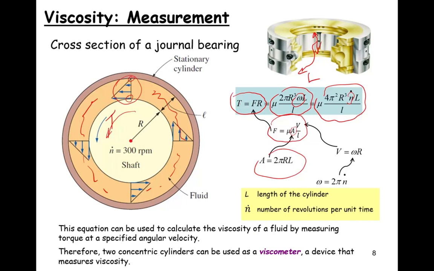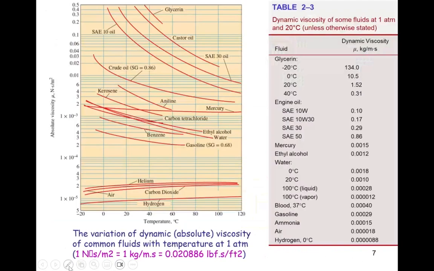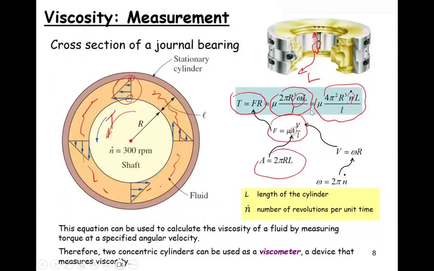Okay, now that you have torque, imagine you measure the torque in here, and you have all the other physical parameters, the number of rotations, and what is unknown here is viscosity. That means all the other parameters, pi, r, n, l, and the distance are known, but the only unknown would be mu, the dynamic or absolute viscosity.